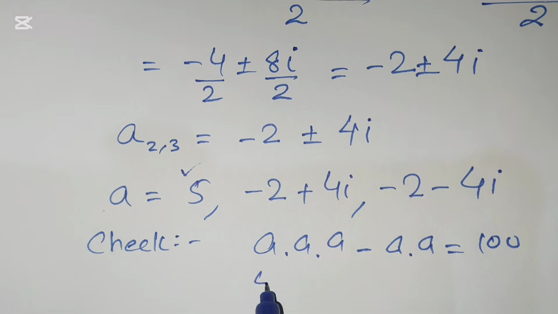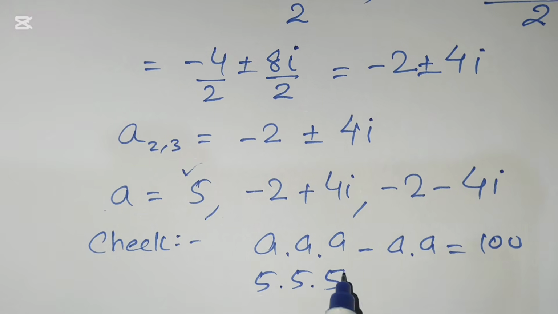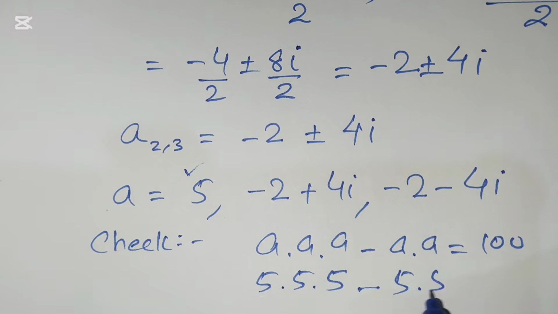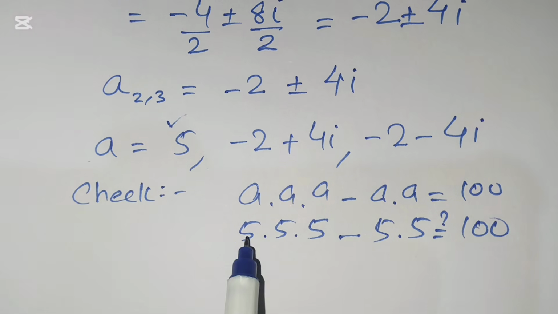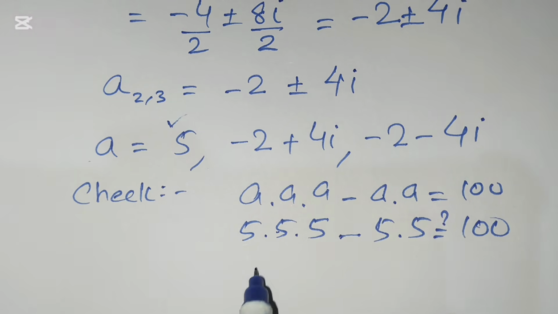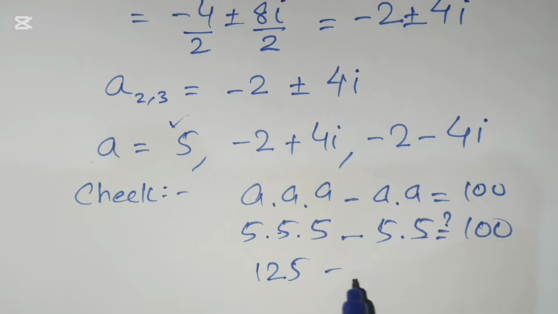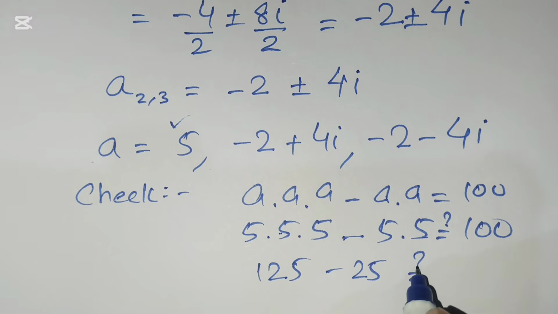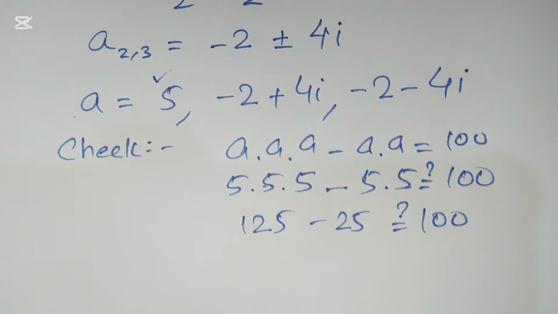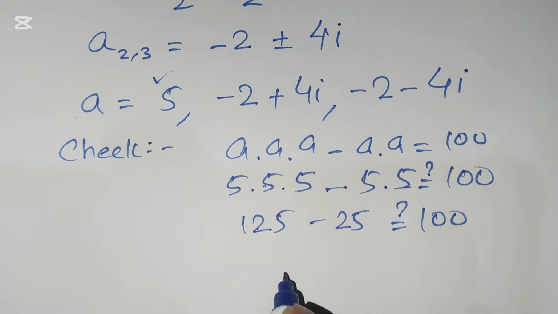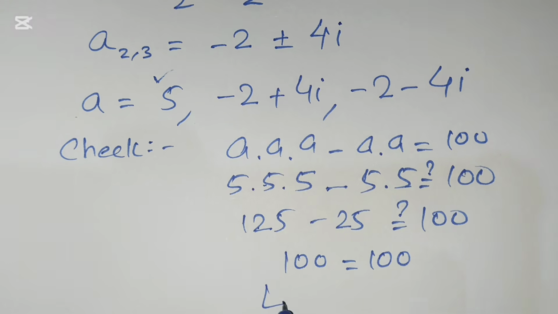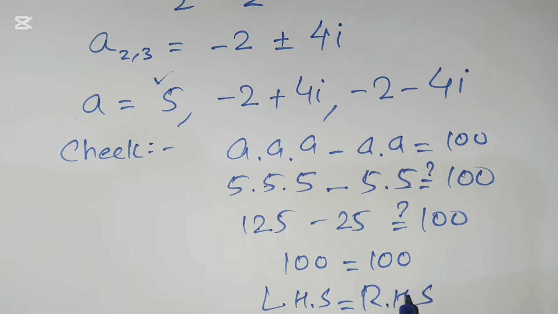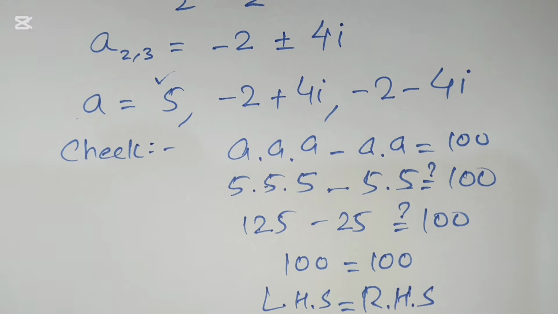What is A? 5 times 5 times 5 minus 5 into 5, 100. 5 into 5 is 25, into 5 is 125, minus 5 into 5 is 25, 100. 125 minus 25 is 100, equal to 100. It means left hand side is equal to right hand side. So our value is correct.